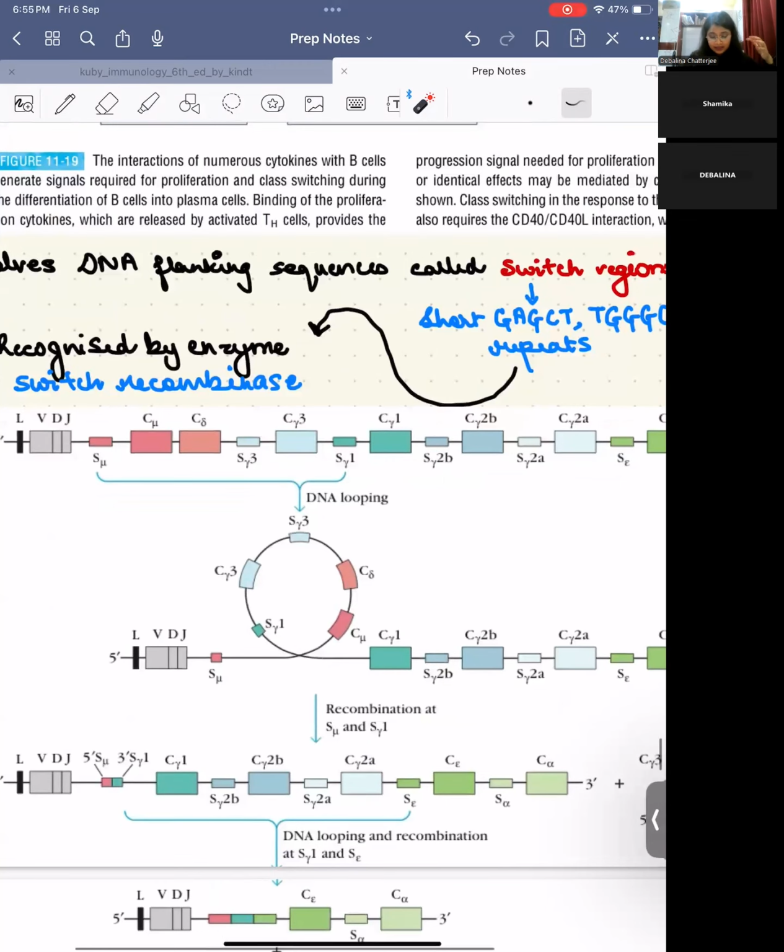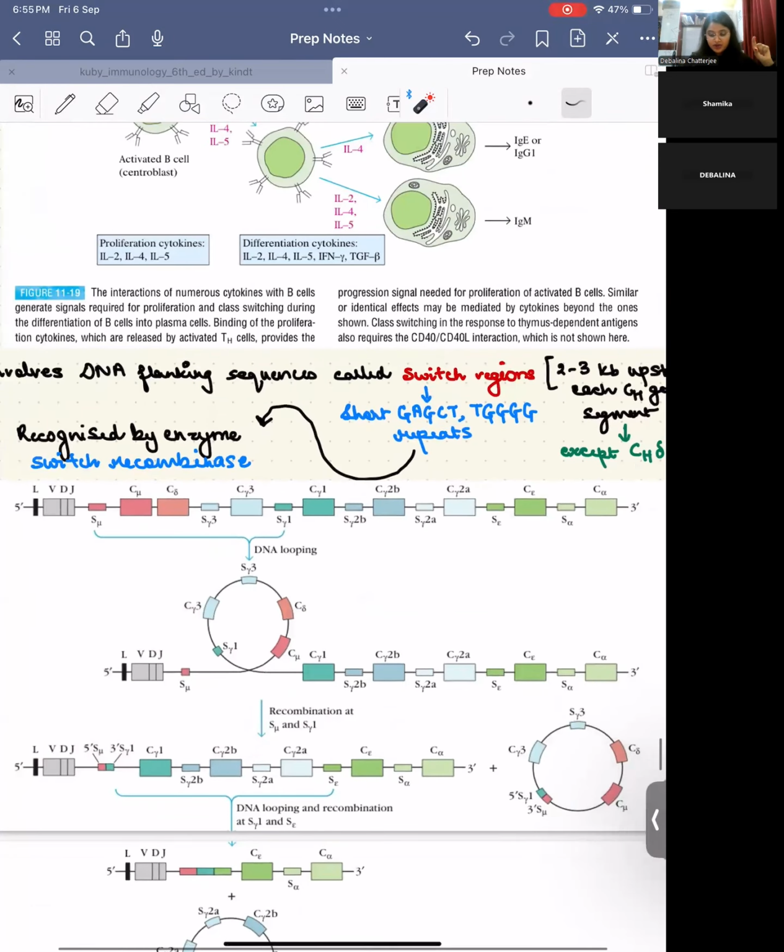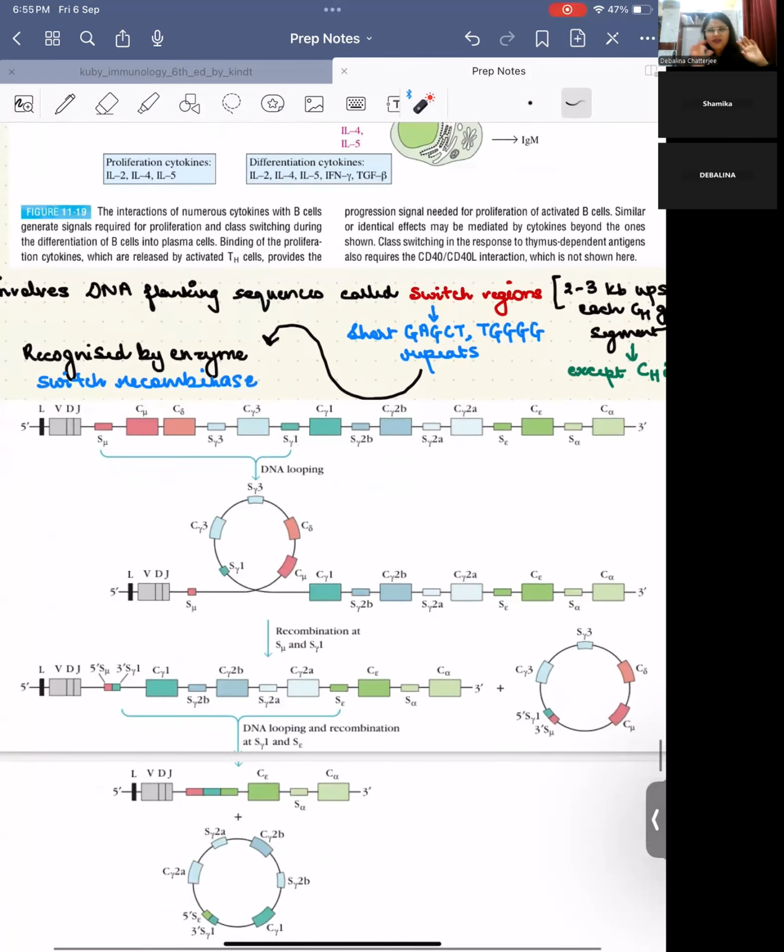Because in this stretch of DNA, we also have something known as the switch region. Switch regions are short stretches of repeats. You do not have to really remember the sequences, but remember that the sequence of the nucleotides is actually serving a purpose.